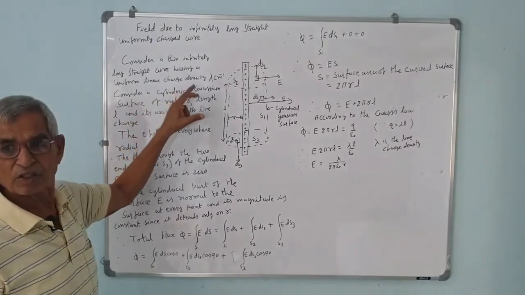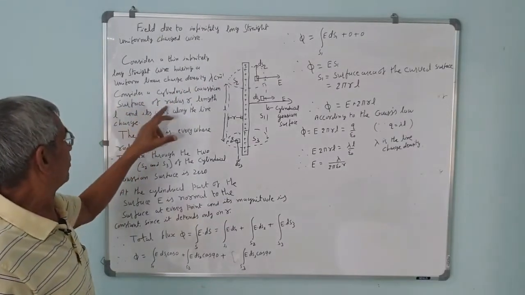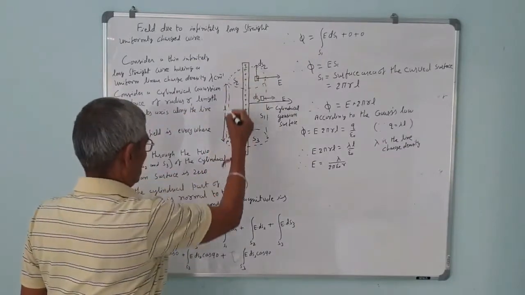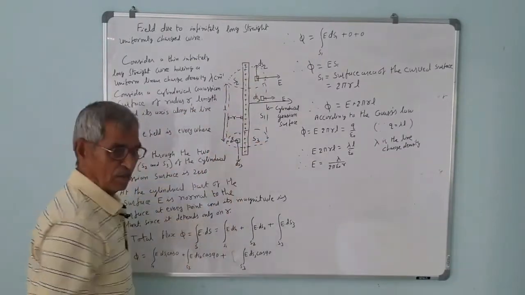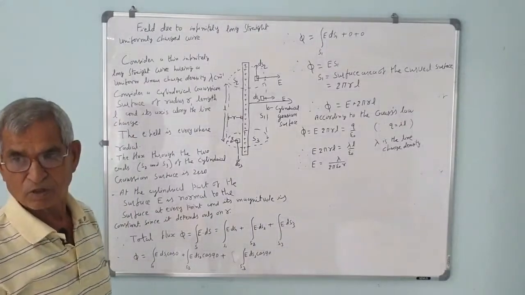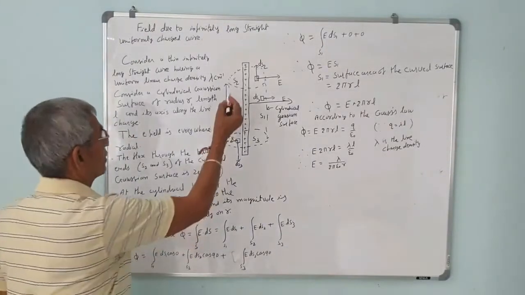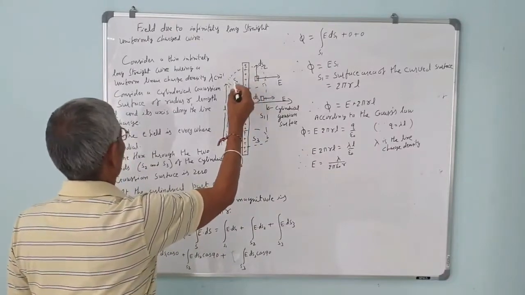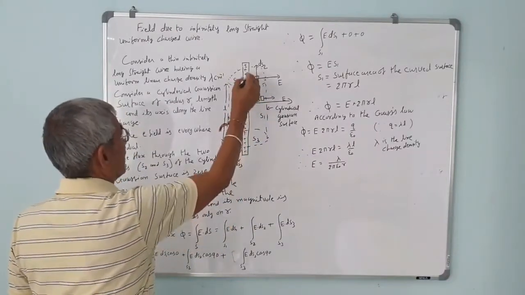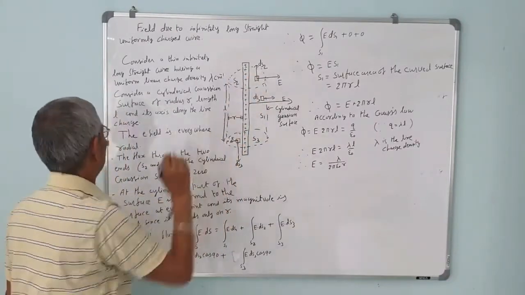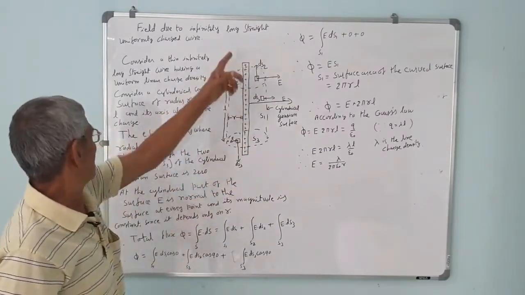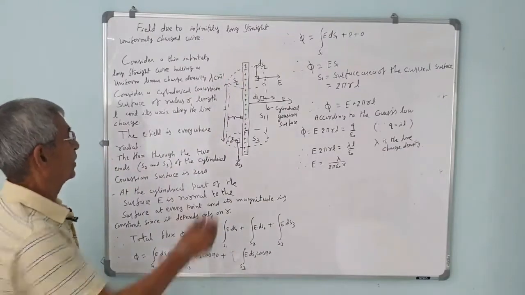Consider a cylindrical Gaussian surface of radius r. This is the Gaussian surface, a cylindrical Gaussian surface. You can imagine any Gaussian surface. We have taken the cylindrical Gaussian surface of radius r and length L, and its axis is along the line of charge.